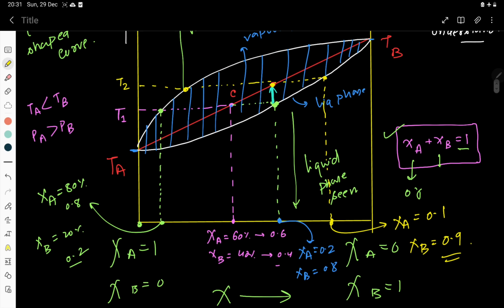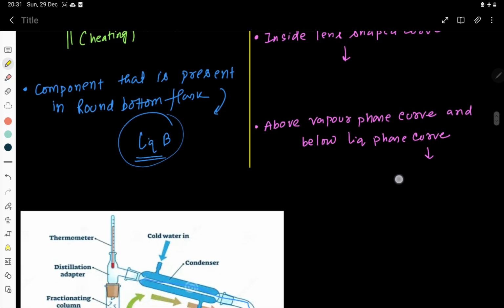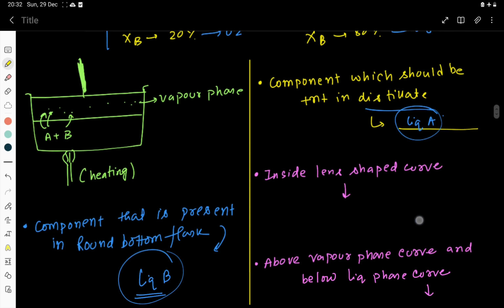So what we can observe is that when we do repeated distillation, the composition of liquid B is increasing in the round bottom flask. We can track that by the mole fraction that we can see right now. Inside the lens shaped curve, liquid and vapor coexist.